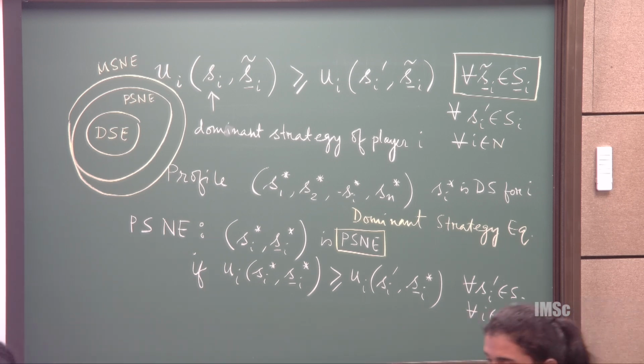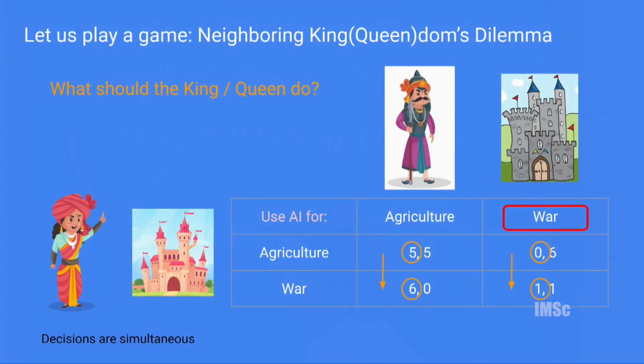So what kind of equilibrium do we have here? Nash or dominant? It's a dominant strategy equilibrium, because if you look at war, this is a dominant strategy for player 1, and this game is symmetric.